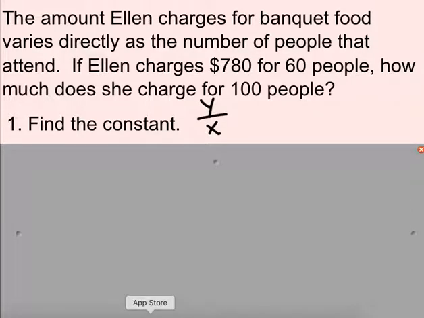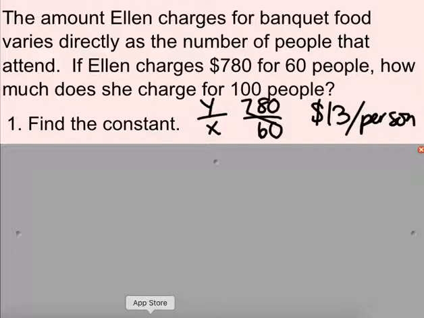The y is always my dependent, and the money depends on how many people. So I would say 780 divided by 60. When we do that, $780 divided by 60, we see that it looks like $13 for every person.